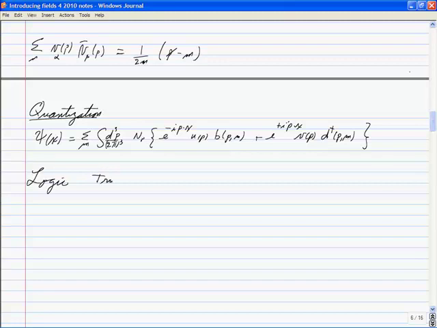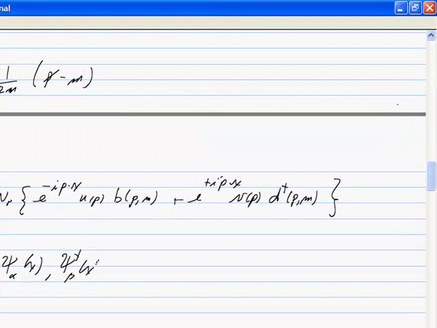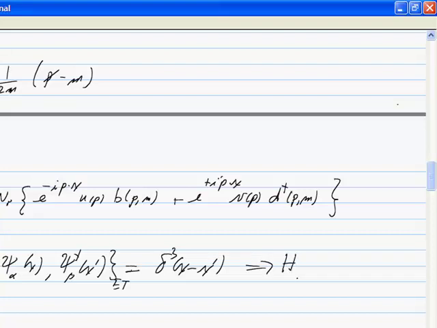I will try out the anti-commutation rules, psi alpha of x, psi dagger beta of x prime at equal times, setting that equal to delta 3 of x minus x prime. And now I can work from there to the Hamiltonian, which equals, well, we'll see what it is.